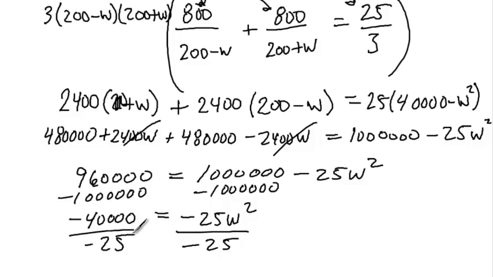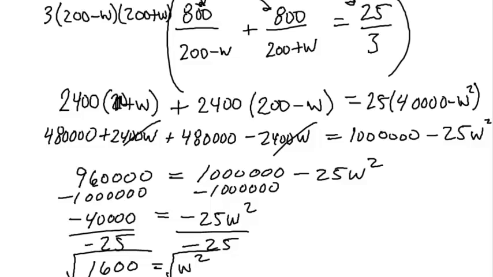So that's going to be positive 1,600. Then we'll take the square root. We ordinarily put a plus or minus, right? But because this is wind speed, we're going to do the absolute value of that. So we don't actually need the plus or minus. But it's good to think about it.